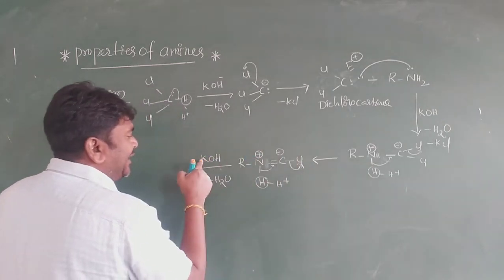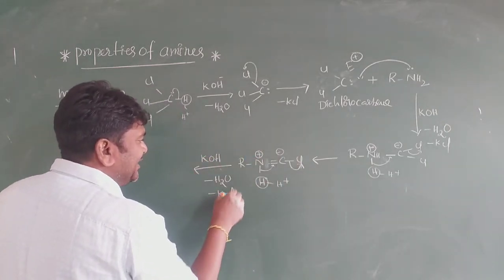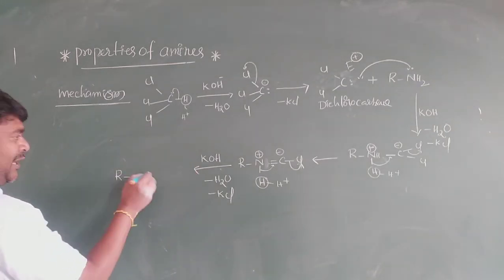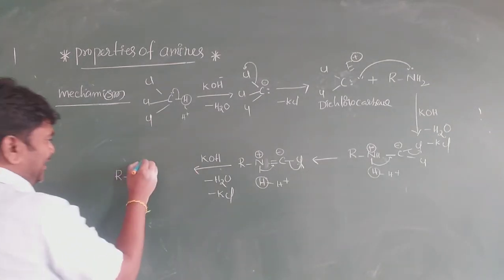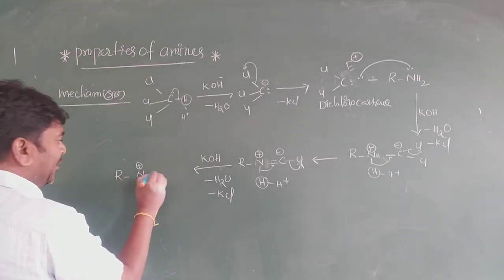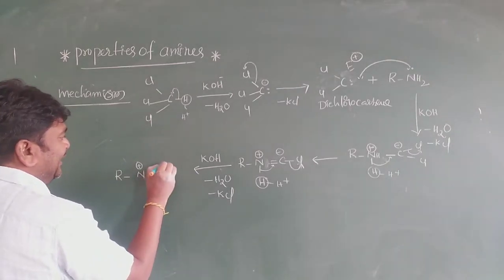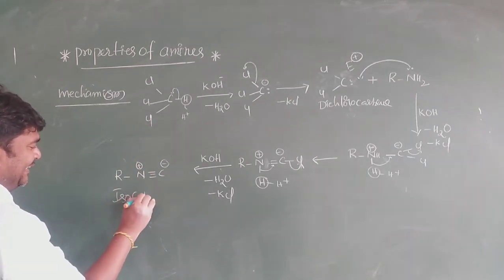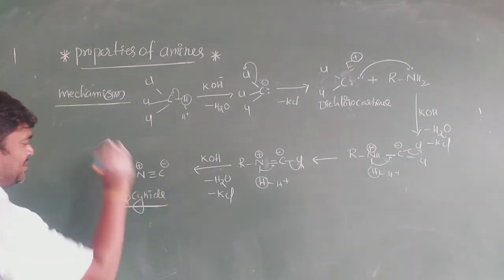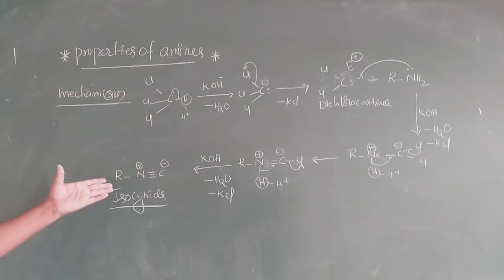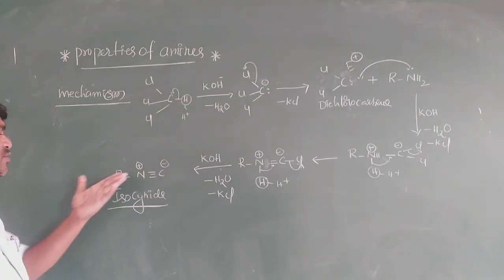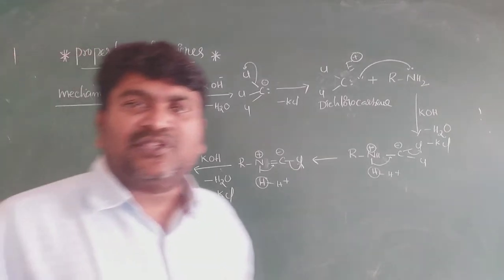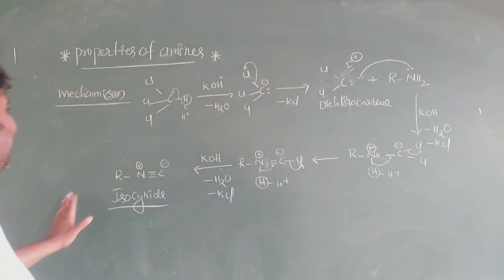This chlorine and the K, KCl is formed. What is remaining, my dear students? That is R, N plus, triple bond, C minus. This is the isocyanide. Depending on R: if you take CH3, it is methyl isocyanide; C2H5 gives ethyl isocyanide.